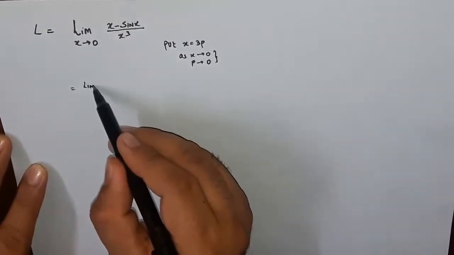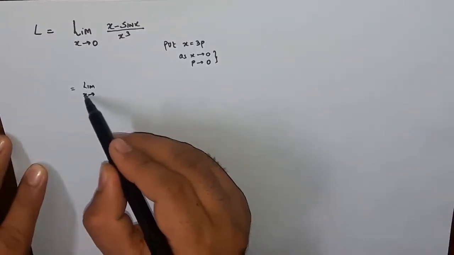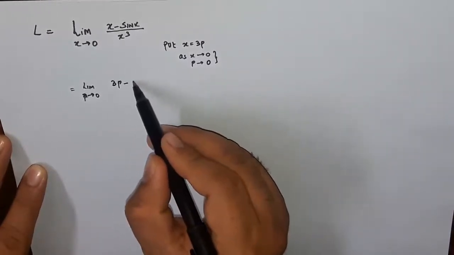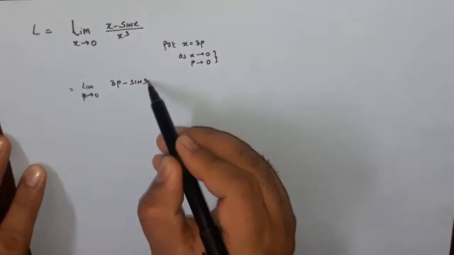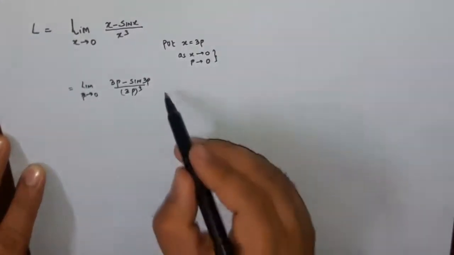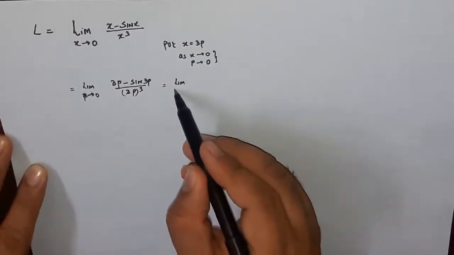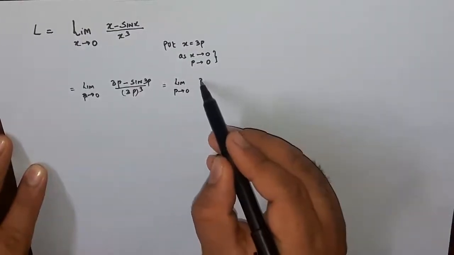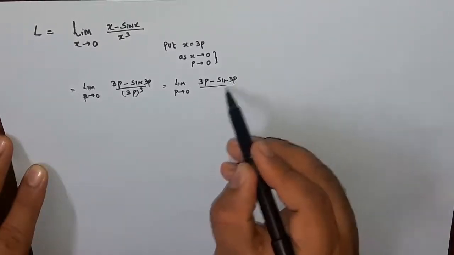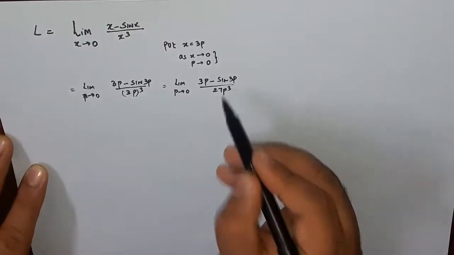Now this question comes into this form: 3p minus sin 3p upon (3p) whole cube, right? This can be written as limit p approaches 0, (3p minus sin 3p) upon 27 p cube, right?